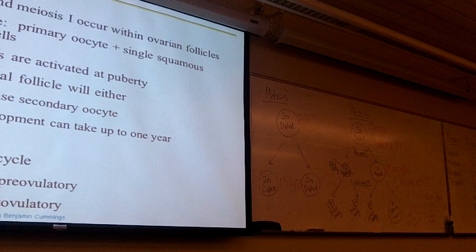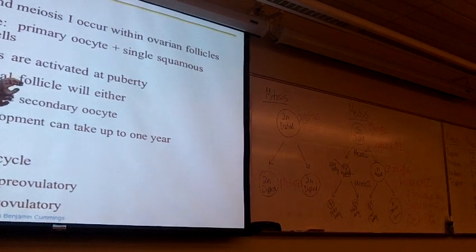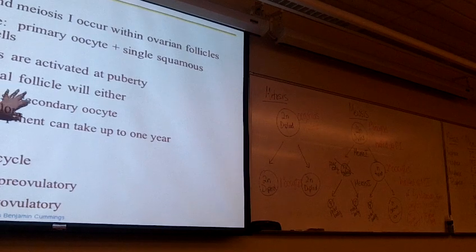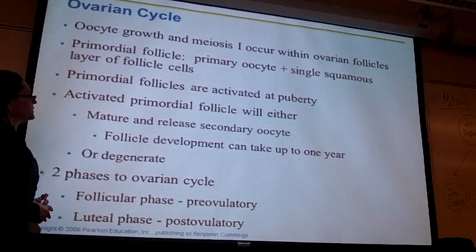So, over here. Primordial follicles are activated at puberty. An activated primordial follicle will either mature into a primary, then a secondary, then a tertiary follicle, and then release a secondary oocyte halted at metaphase 2.